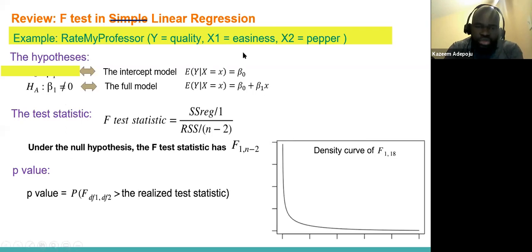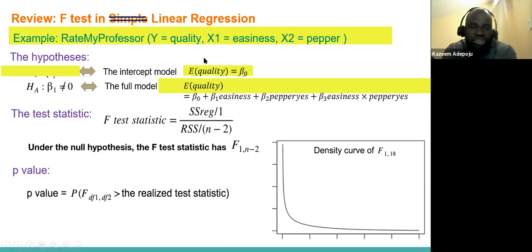So we are no longer fitting simple linear regression. Why? Because we have more than one predictor. That was why I canceled the word simple right here.